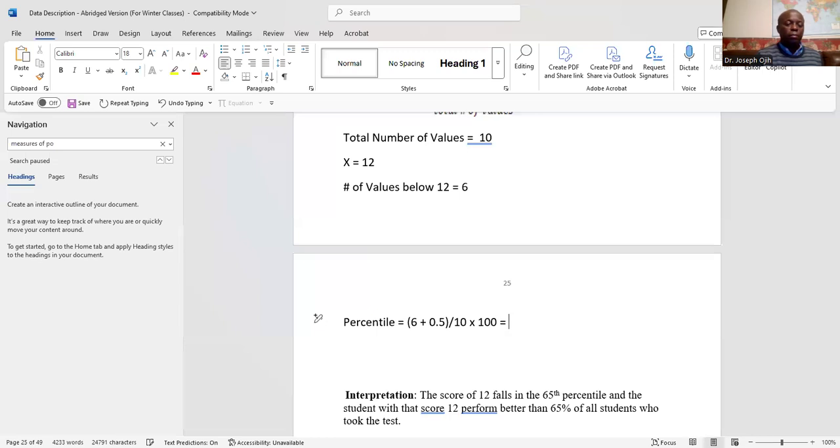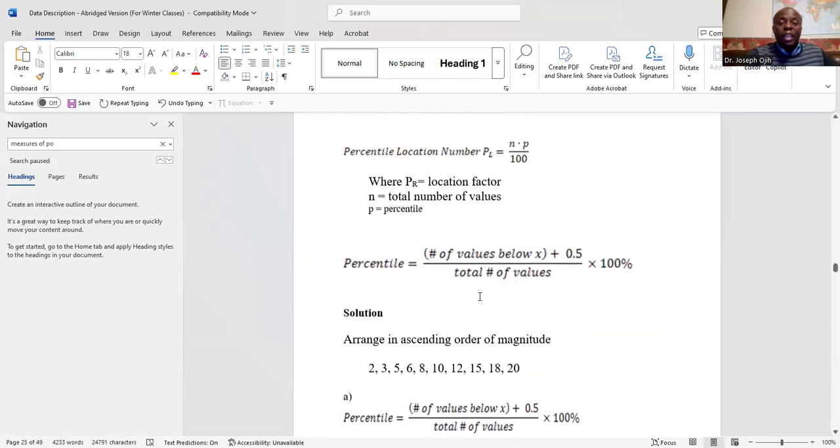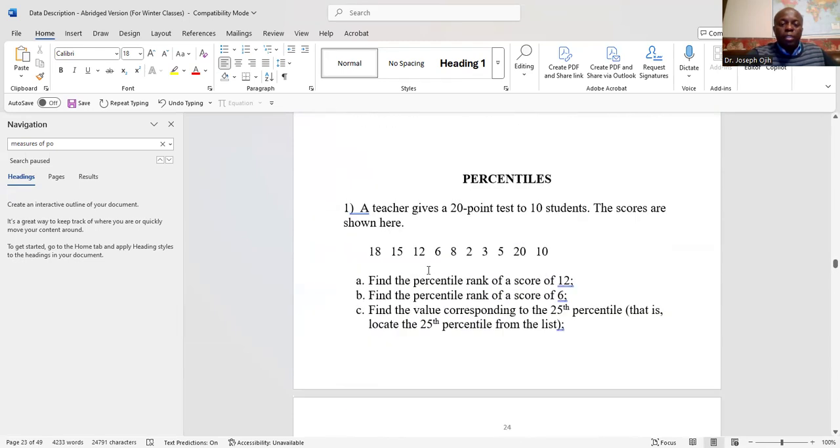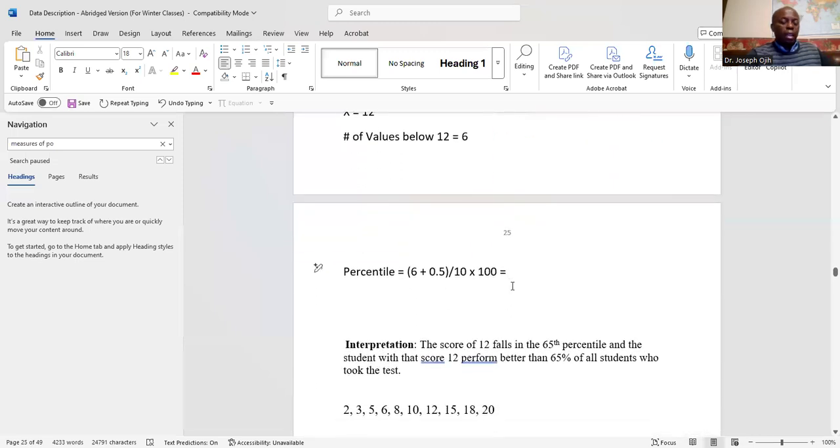That will give you the percentile rank of 12. Now, let's put this in the calculator. 6 plus 0.5 divided by 10 times 100.